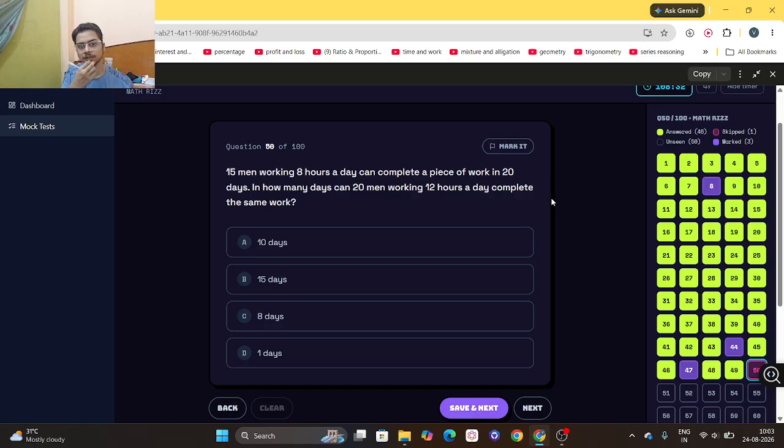15 men working 8 hours a day can complete a piece of work in 20 days. In how many days can 20 men working 12 hours a day complete the same work?